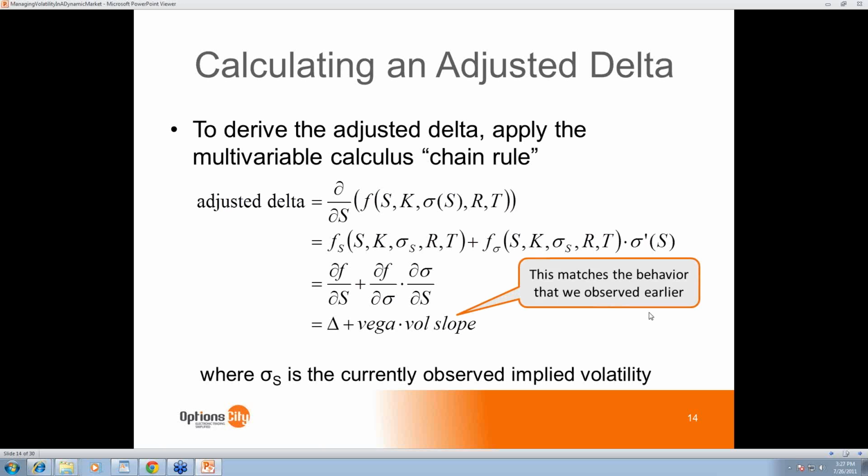And if you recall, when we had a delta and a downward sloping trend in volatility, that meant our original delta was too big. Vega is typically positive when you're talking about just a call or a put. So with this vol slope being negative, we end up with a subtraction from the original delta, and that's what we end up with: an adjusted delta that's consistent with the behavior that we observed earlier.